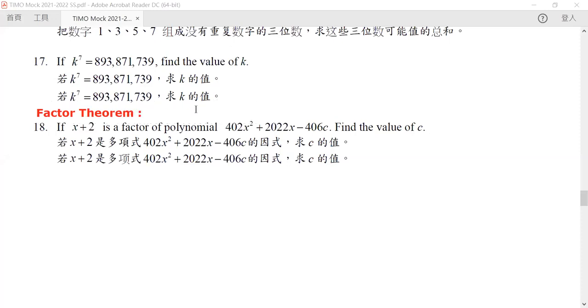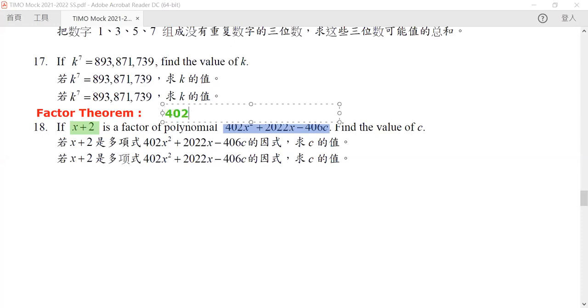What does that sentence mean? It says that x plus 2 is a factor of our polynomial. But what does that mean? It means that this polynomial can be written as x plus 2 multiplied by some other polynomial.